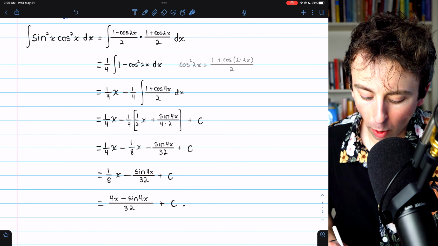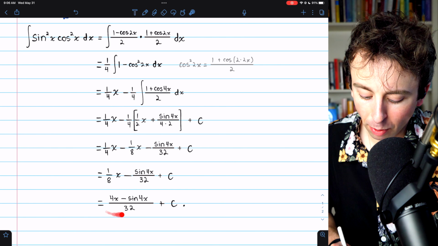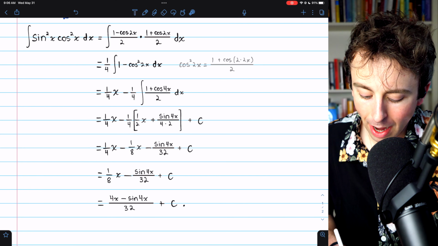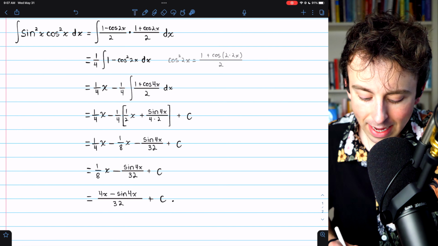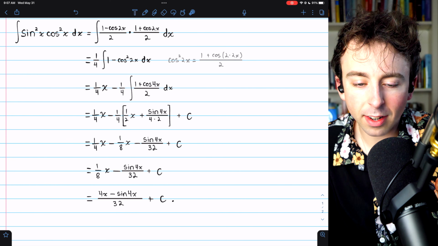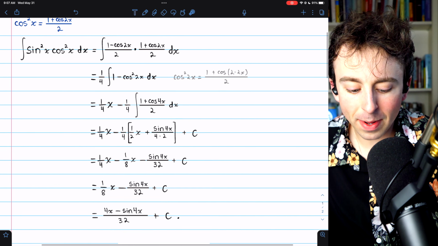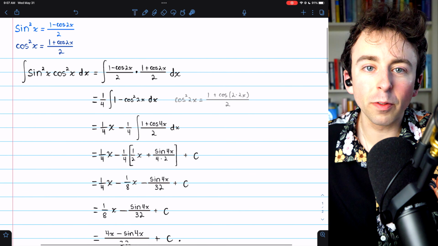Then it becomes 4x over 32, and we can just write it as a single fraction. 4x minus sine of 4x over 32 plus c. And that's the integral of sine squared x times cosine squared x. You just got to be good at using those power-reducing formulas.